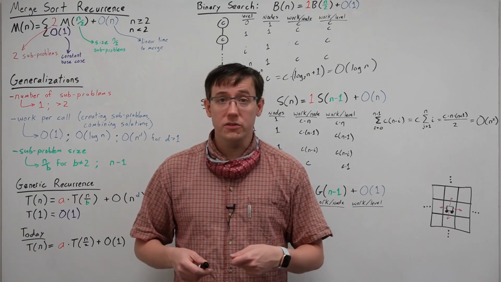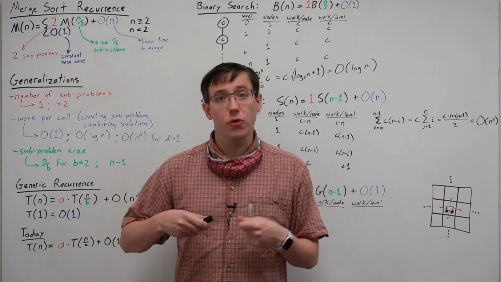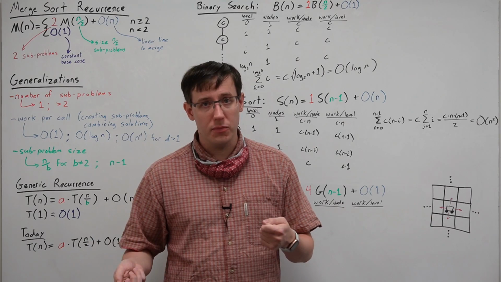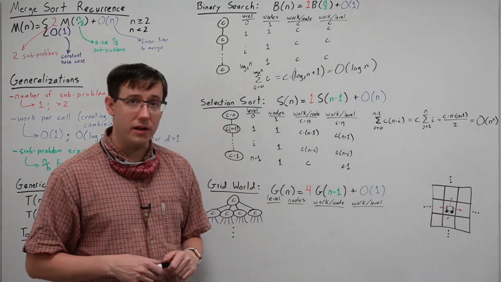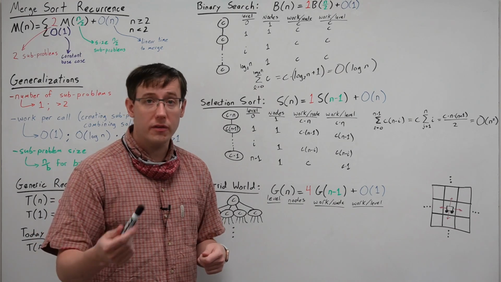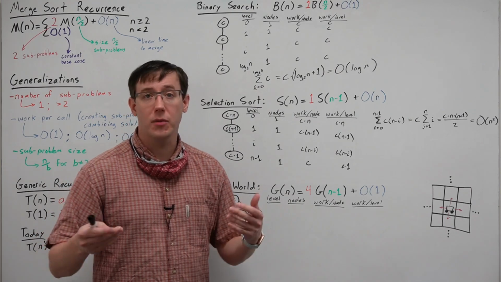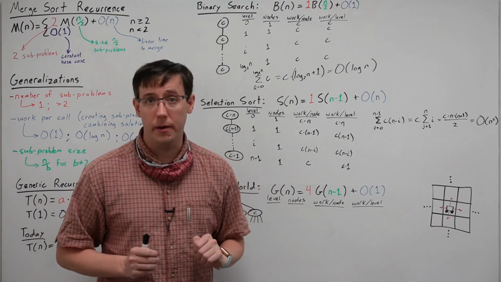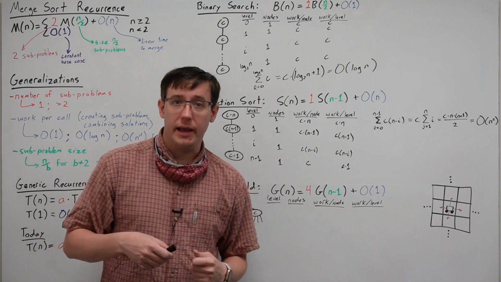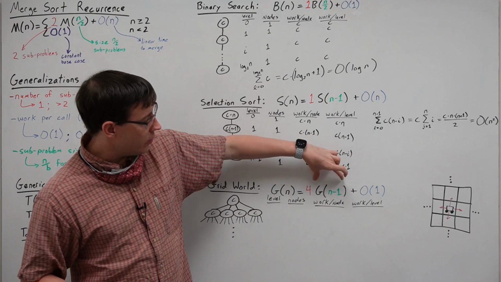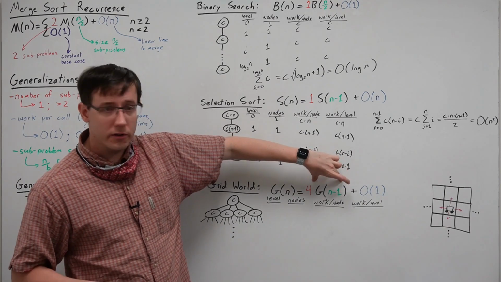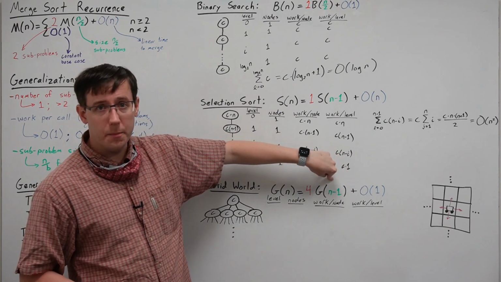And if the agent wants to make a plan for the next n time steps, then it has to consider each of those 4 possibilities, and then could recursively plan on a time horizon of n-1. So if we recursively plan on the n-1 time horizon, then we would have in our recurrence g of n-1.